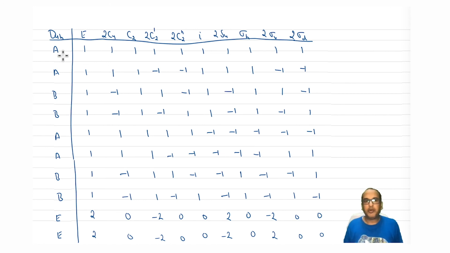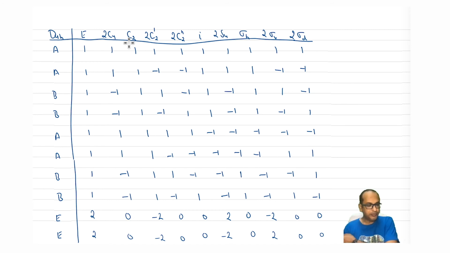So now if we go to the second part, the second step will be whether it is symmetric (positive) or negative under the perpendicular C2 axis, right?